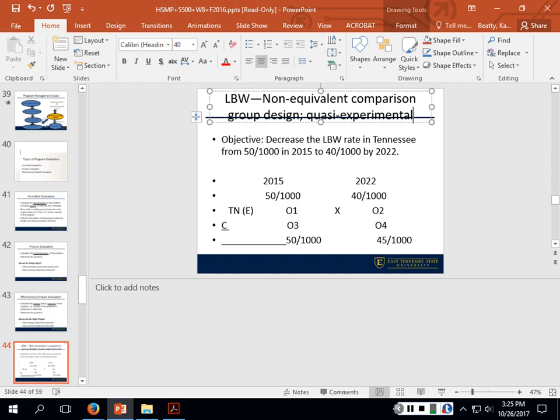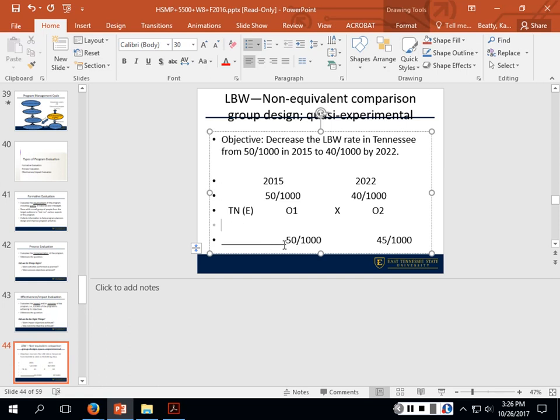Now, what if we are not able to identify an appropriate comparison group? And this can happen, right? What if we're not able to find a group that is similar at baseline, again, where the likelihood of contamination, as was mentioned, is low? What do we do in that case if we're not able to identify a comparison group?